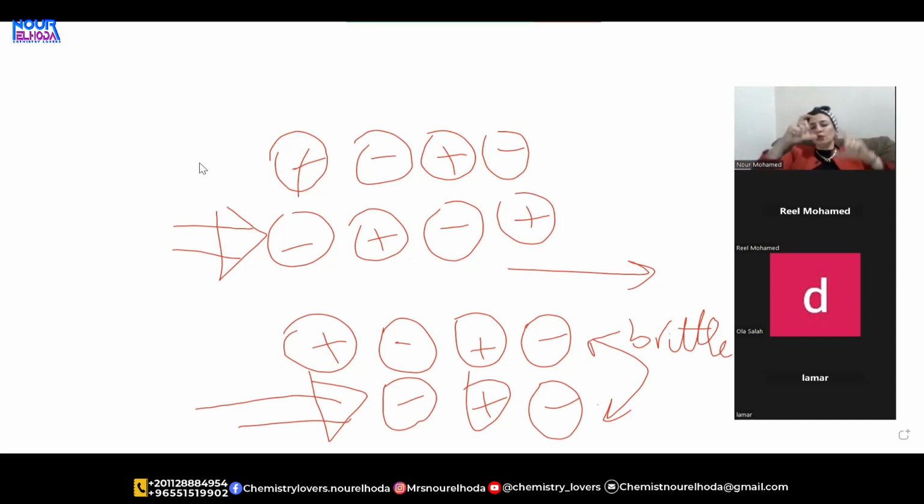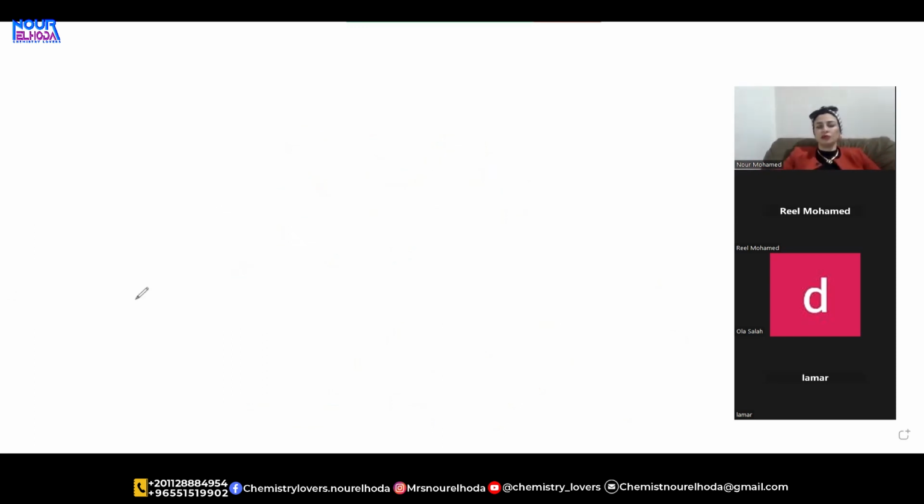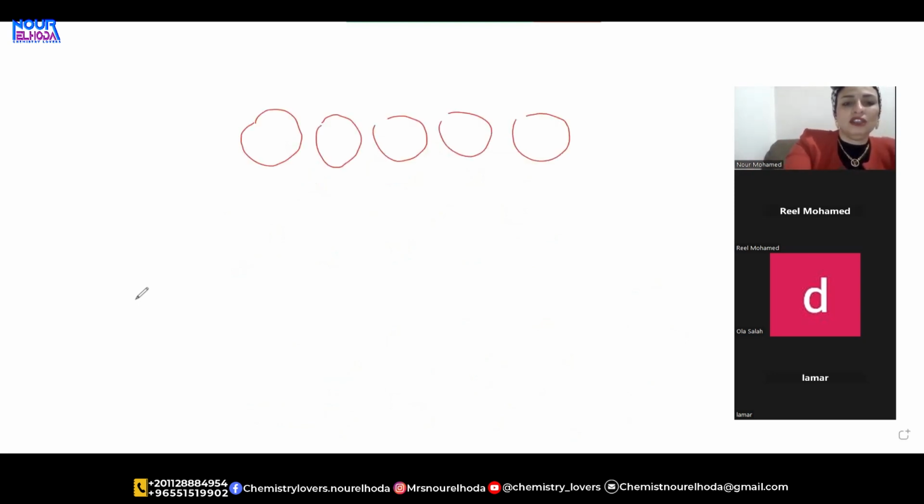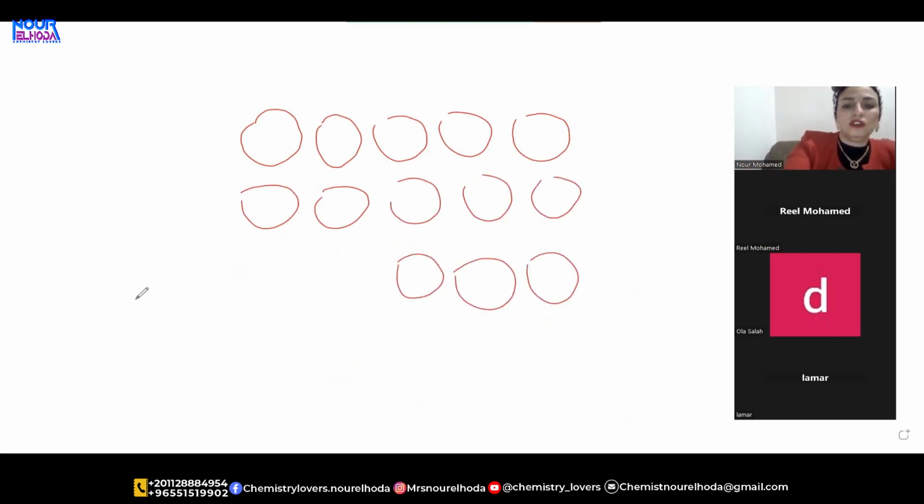Don't draw one big, one small. No, this is wrong. You need to put them, as much as you can, all the same size. And you put electrons surrounding it. I'm going to give you an example. It's 1, 2, 3, 4, 5. And then 1, 2, 3, 4, 5. And then 1, 2, 3, 4, 5.